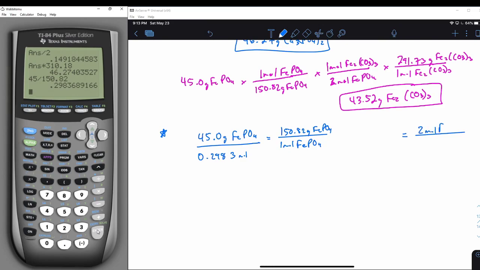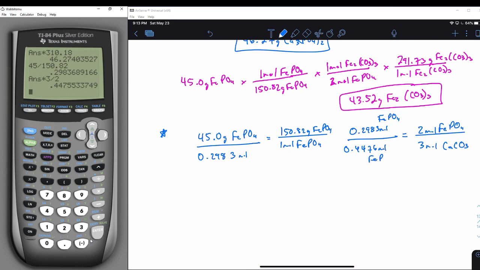And then we now convert it to the other reactant. So 2 moles of FePO4 is 3 moles of CaCO3. So that's 0.2983 moles of FePO4. And so then we multiply by 3, divide by 2, and we get 0.4476 moles of CaCO3.